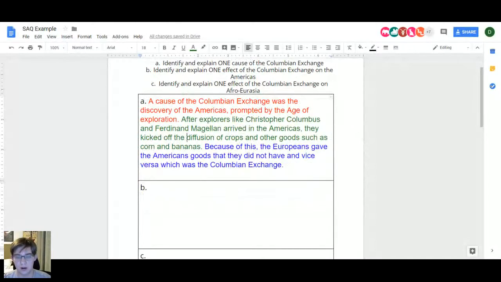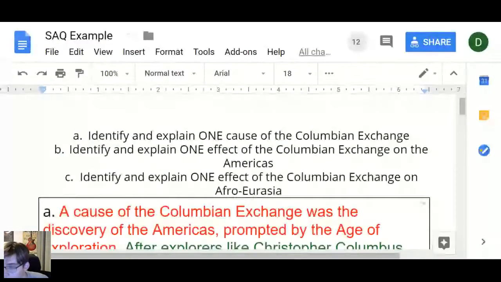All right, let's start going through it. We can just drop your answer. What is an effect of the Columbian exchange on the Americas? One effect of the Columbian exchange on the Americas was the drop in indigenous population due to the spread of diseases that the indigenous people had not been exposed to prior to the exchange.